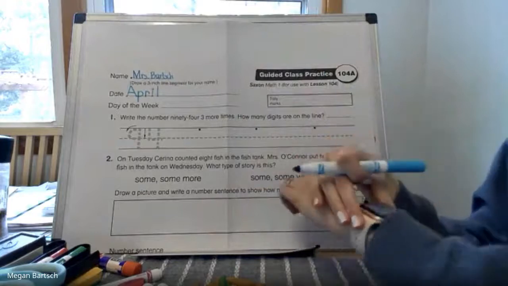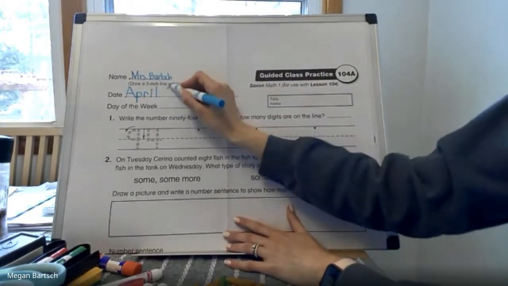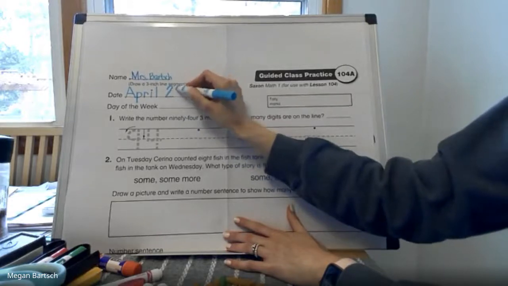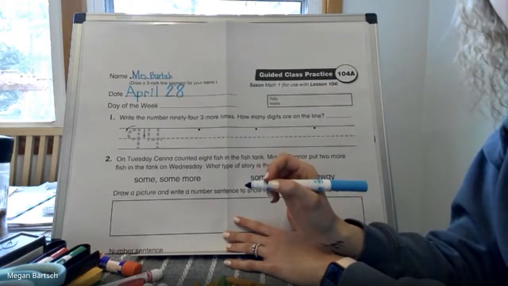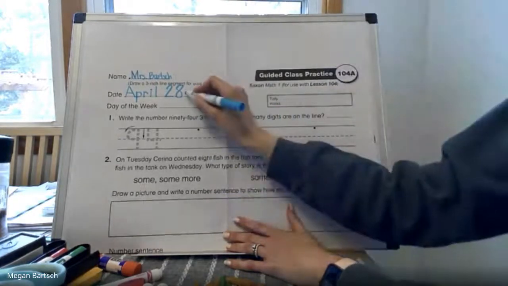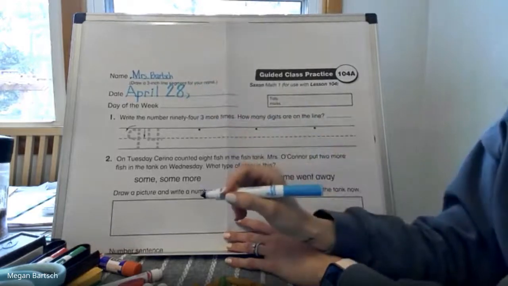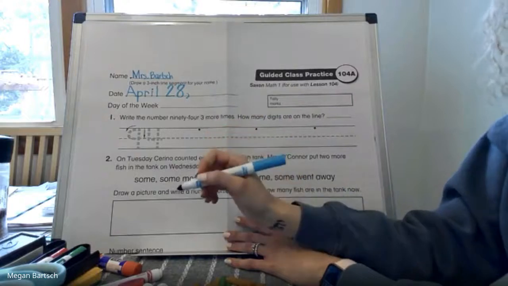Today is the 28th, my watch says, so we need to write a 2 and an 8 makes 28. So make your 28. And then you need your cute little comma. April 28th, and last goes our year, 2021.